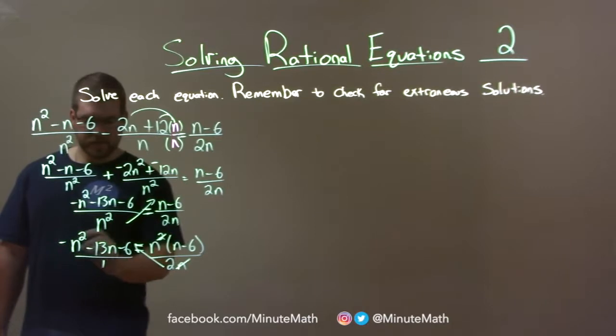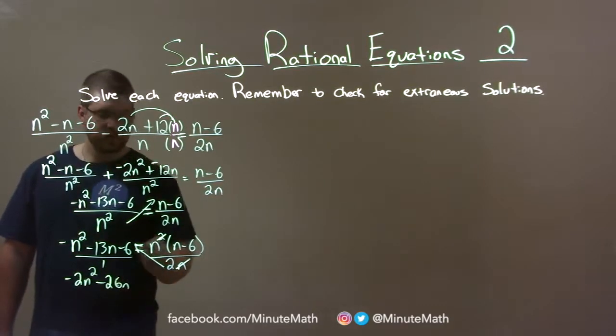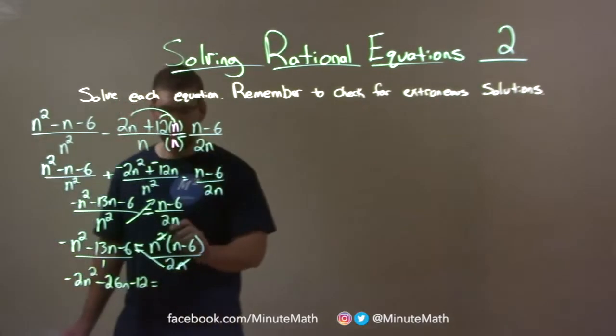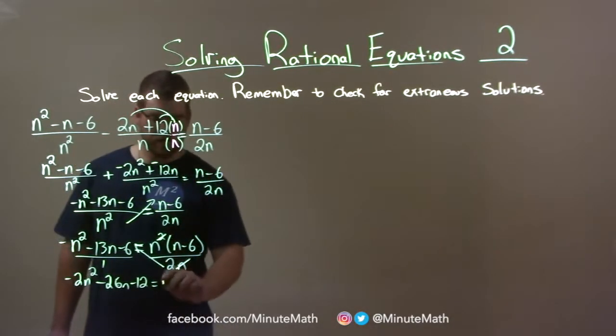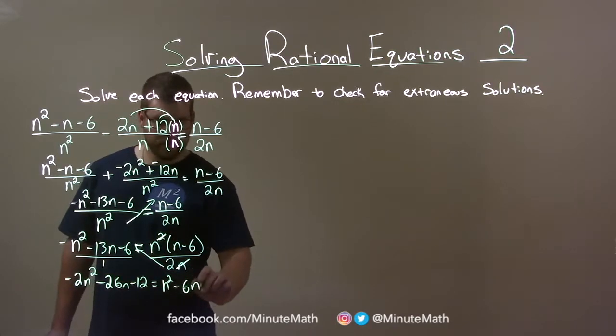We have 2 times minus n squared, which is minus 2n squared, minus 2 times 13 is 26n, and 2 times minus 6 is a minus 12. That's equal to, let's multiply this out, n times n is n squared, and n times a minus 6 is a minus 6n.